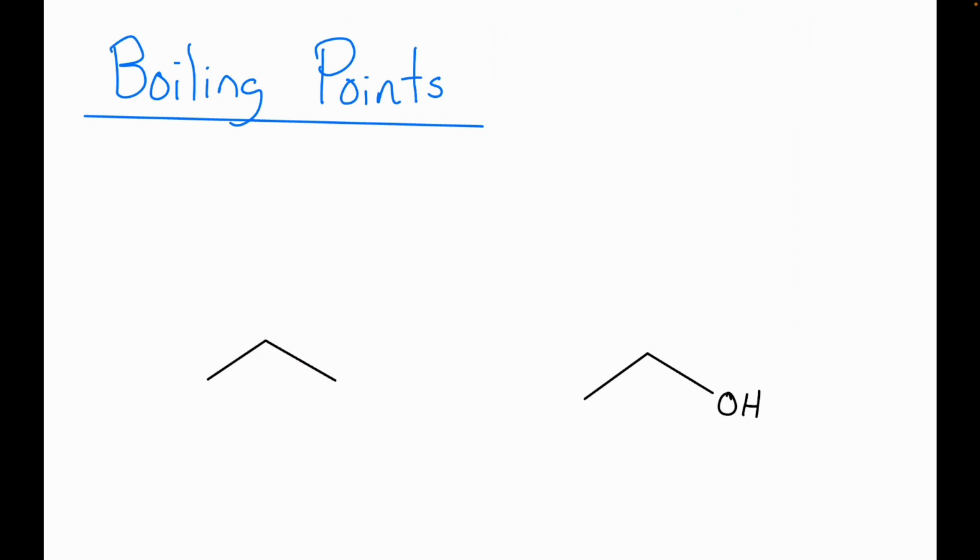Looking at these two structures, we should be able to tell which one has the higher boiling point. So first of all, what do we think? Propane or ethanol? Which one has a higher boiling point? Ethanol. And why? What are we looking for when we're comparing boiling points here? What is it about ethanol that makes it a higher boiling point? Absolutely.